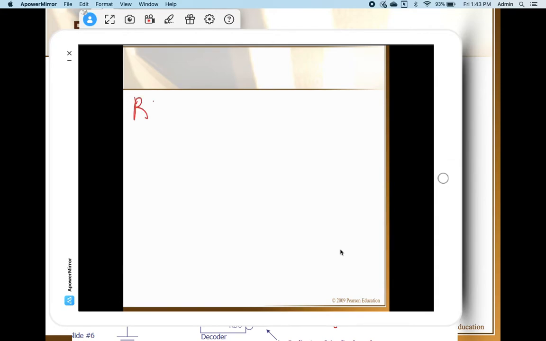Let me summarize it. When RBI is 0, which means that it is active, it is enabled, one of two things happens. First, the A, B, C, D input lines have 0 on them. If the A, B, C, D lines have 0 on them, the output lines, A, B, C, D, E, F, G, become blank.